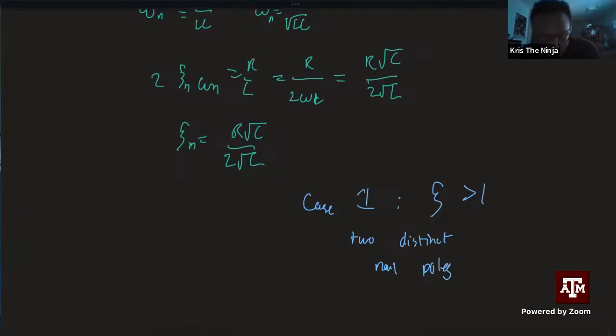That means that S1 equals minus zeta n omega n plus omega n times the square root of zeta n squared minus 1. Oh, geez, that was a horribly drawn zeta.